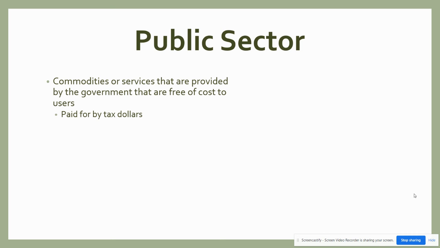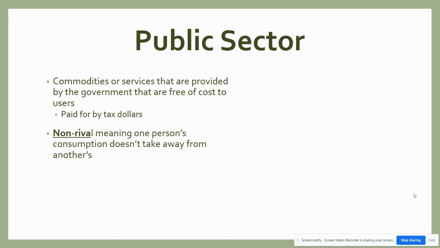So two things have to exist in order for something to be considered a public good or service, or in the public sector. One is that it has to be non-rival, or non-rivalrous, meaning that if you use that good or service, it doesn't take away from somebody else's ability to use that thing.